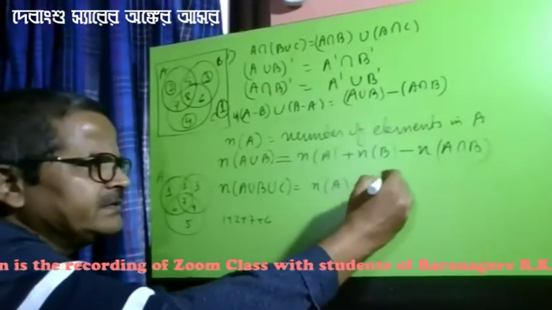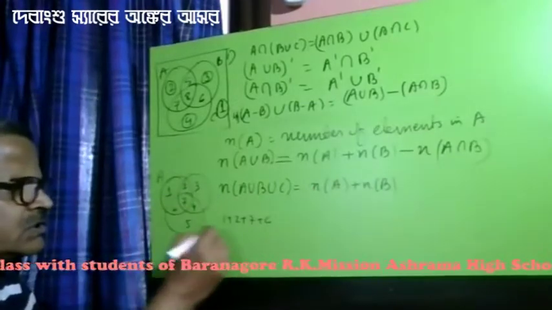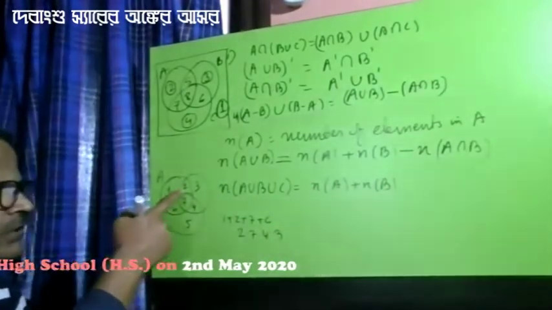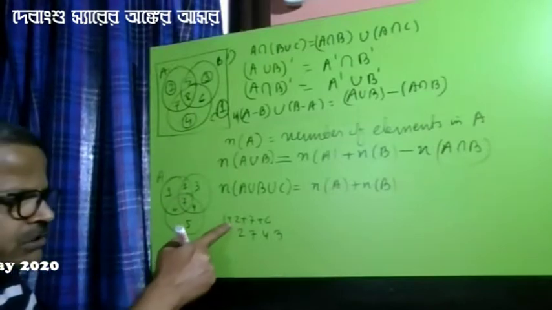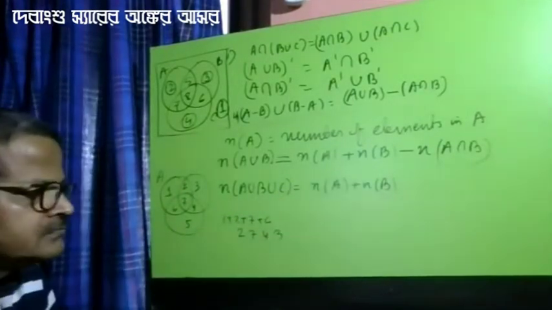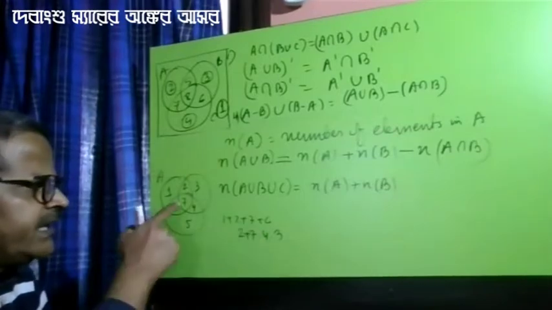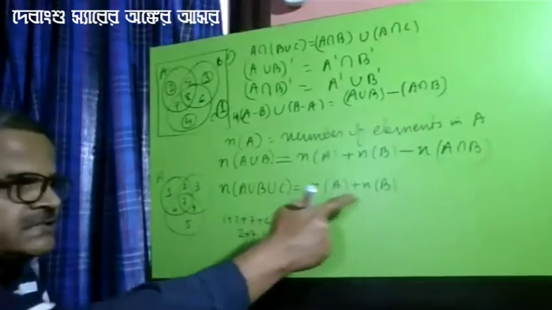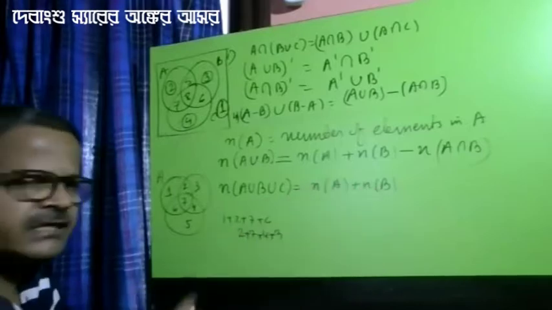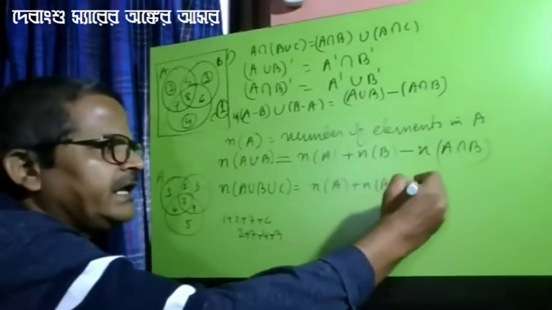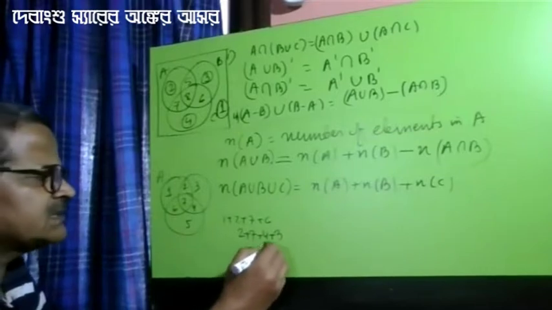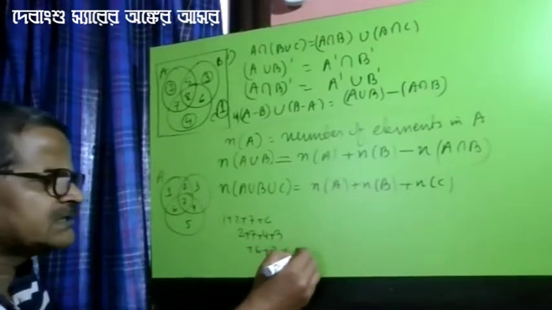Plus N(B). N(B) means 2, 7, 4 and 3 are counted. 2 is again counted, so 2 is counted here and 2 is counted here also. 7 is counted here, and 7 is counted in B also. So this is B. N(C): C is 6 plus 7 plus 4 plus 5.